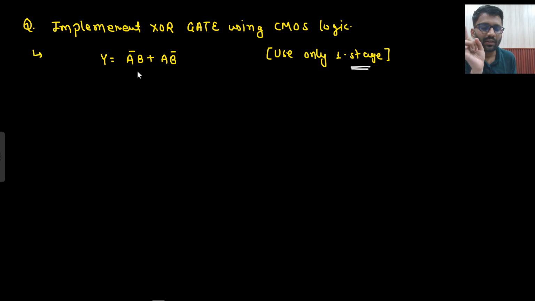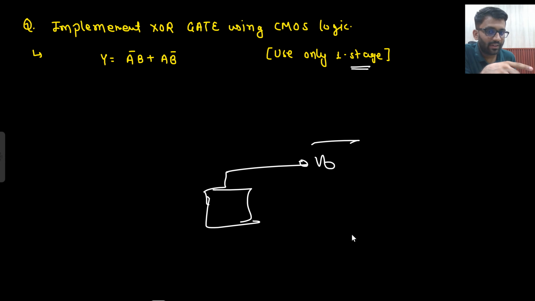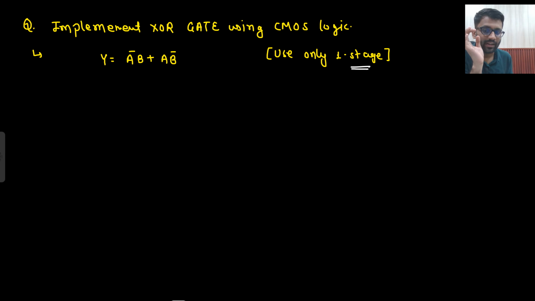So using my NMOS logic I can implement it, but what is the catch? If I use NMOS logic, whatever the design I do, then at the output the bar will come, because it is connected to ground. So what I need to do? I need to take double bar here, right?